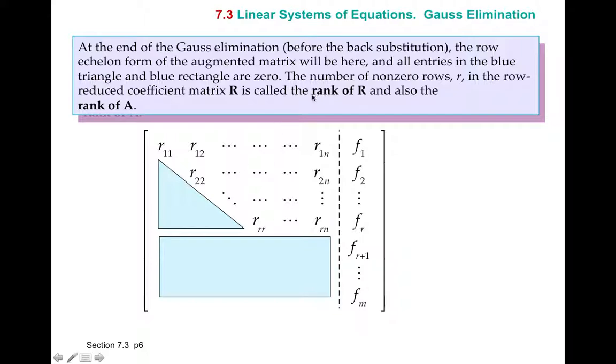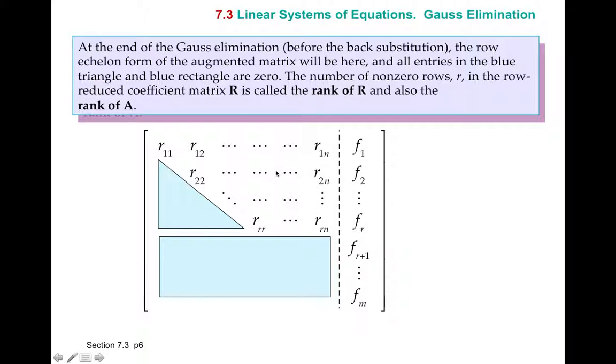The next definition that we want to make is the rank of a matrix. After you've done Gaussian elimination and you have your matrix in row echelon form, the number of non-zero rows, in this case little r rows, is called the rank of the matrix. Sorry about the double R notation, that's a little confusing.